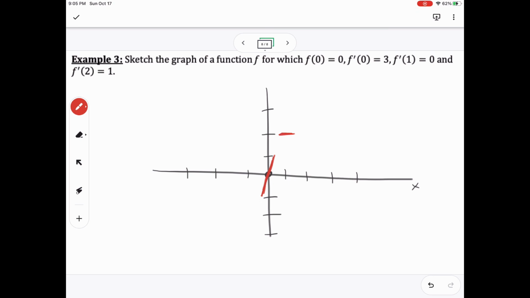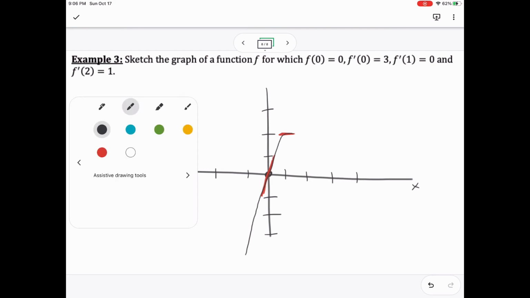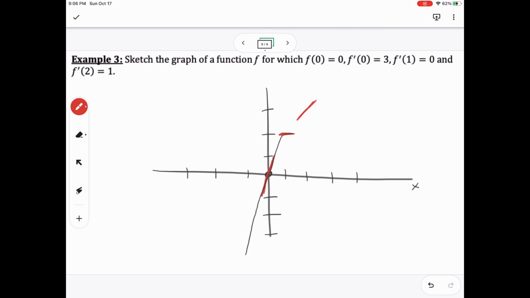Notice they're telling you your x value, and at that point, that's what your slope should be. So f prime of 2 is 1, so I need to also be able to start going back up from that point. If I draw in what I know right now, I can also draw what I think the slope is approximately, and try to match that to whatever I'm doing. So that's about a slope of 1, and so I can match that.